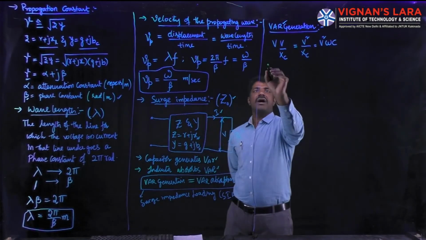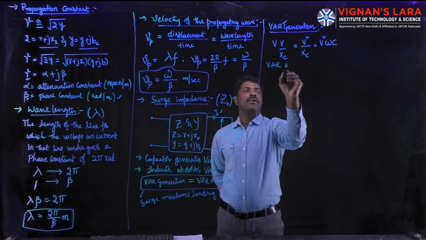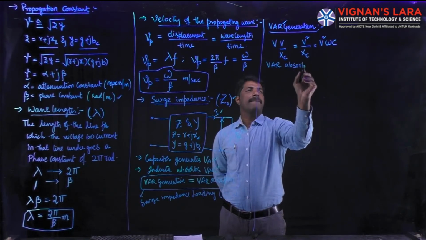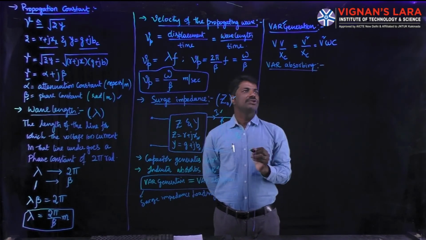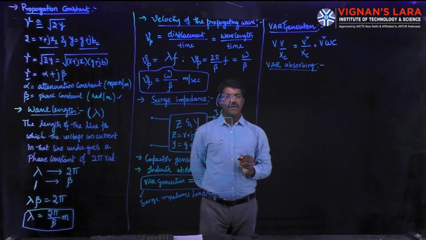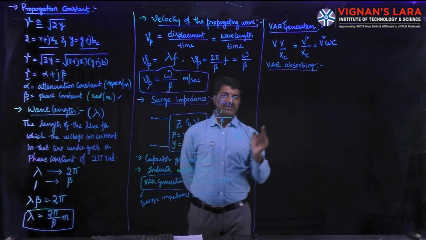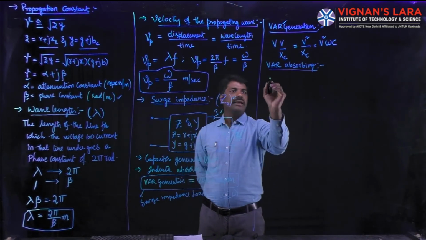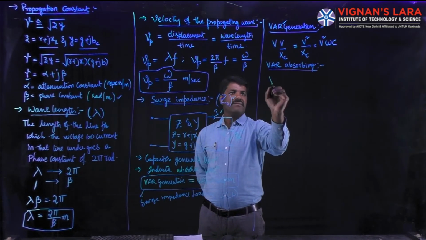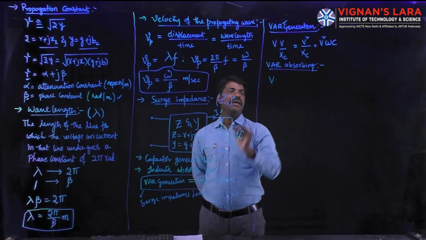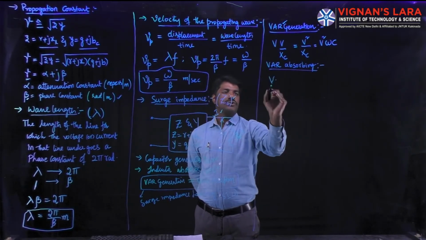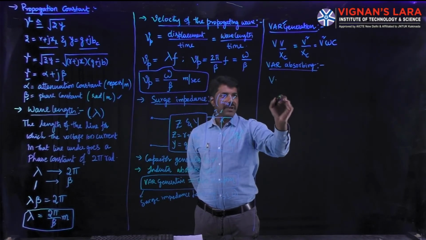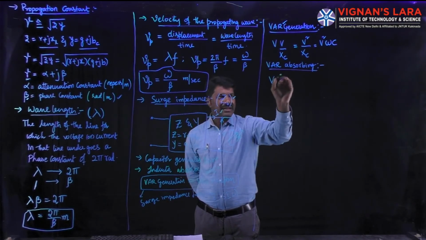And coming to the VAR absorption, how much VAR is it consuming? The absorption of the volt ampere reactive takes place with the inductive element. Then the voltage across this is V multiplied by the current, and the current should be exclusively for the reactance element.